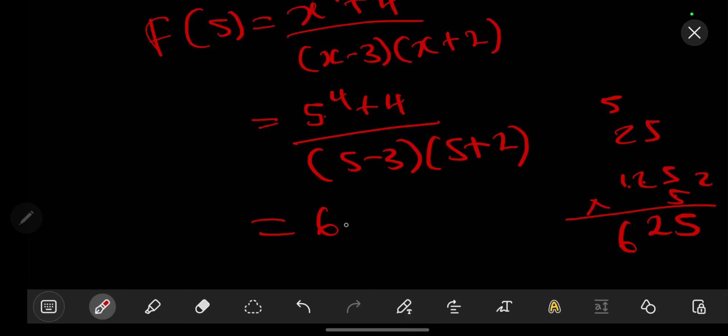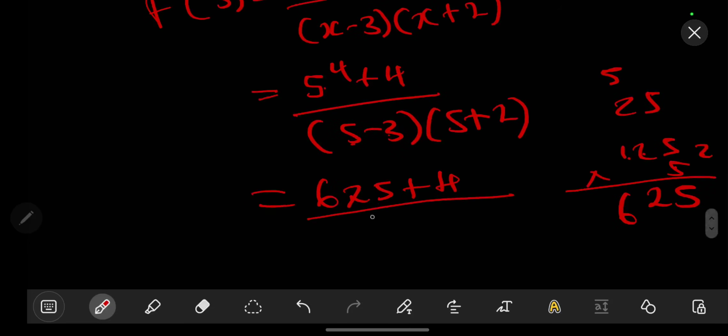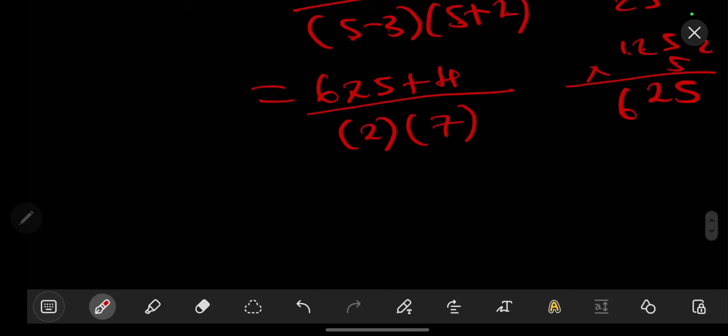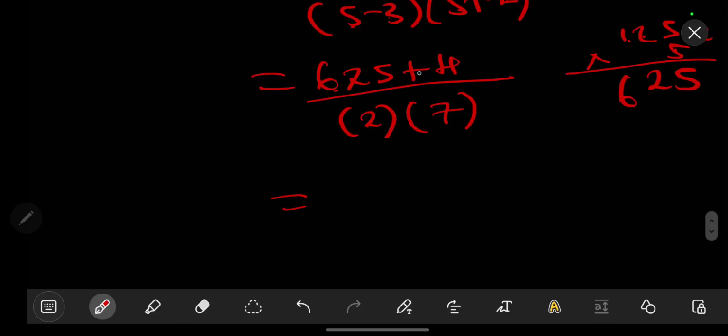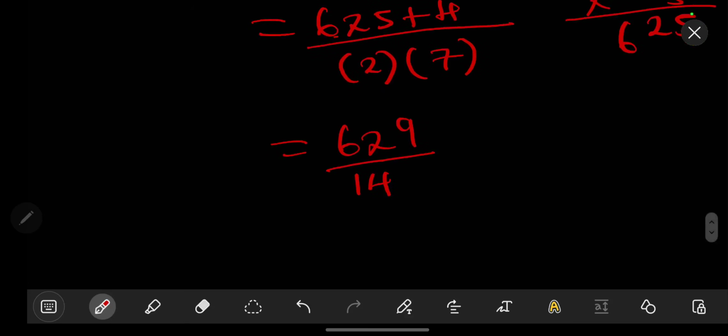So 5 to the power 4 gives us 625, plus we have our 4 over 5 minus 3, it will give us a 2 here. Then 5 plus this, it will give us a 7 like that. So this will be 625 plus 4, this will give us a 629 like that over our 14 like that. So we have a 629 over 14.